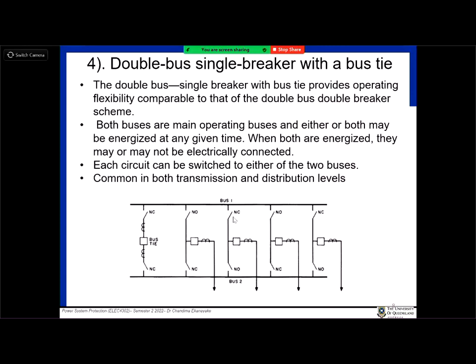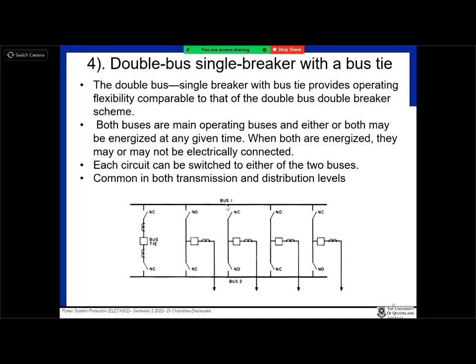Now what you can do is, after some time, if there is a big issue, you can connect those loads to bus 1, but that's not automatic. But then you are not losing power for some customers, and you have the flexibility to bring the power back quickly by using the other bus, right?